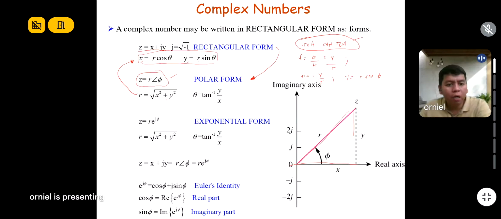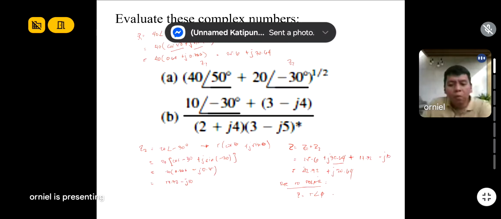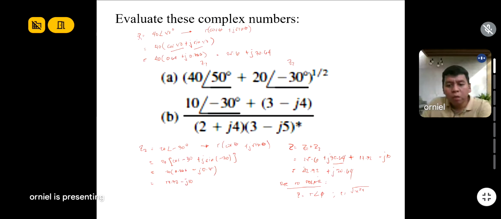So we convert from rectangular to polar. Our Z should look like R angle theta, where r is the square root of x squared plus y squared, and theta is equal to tan inverse of y over x.